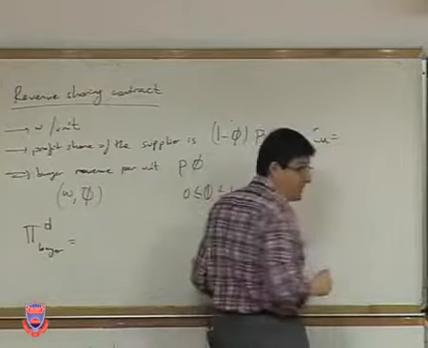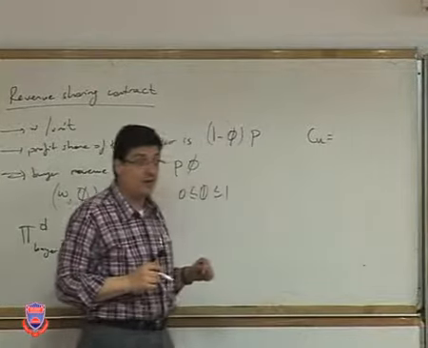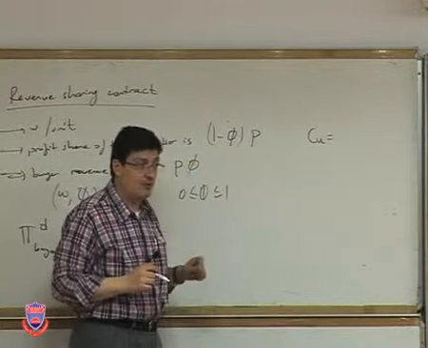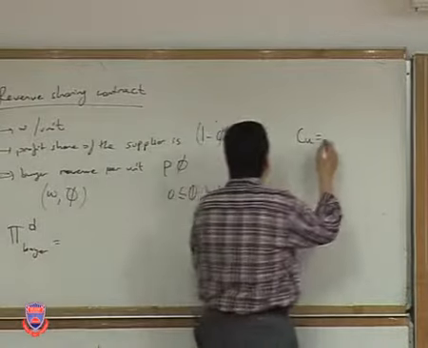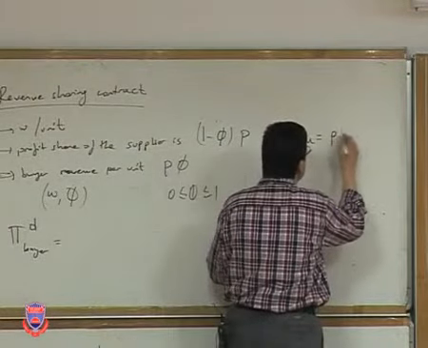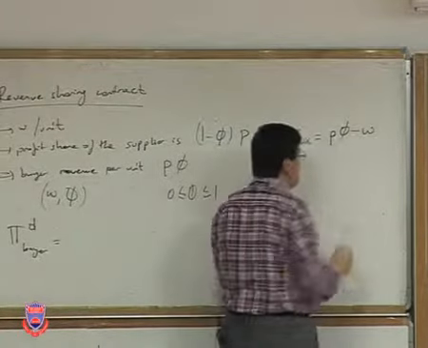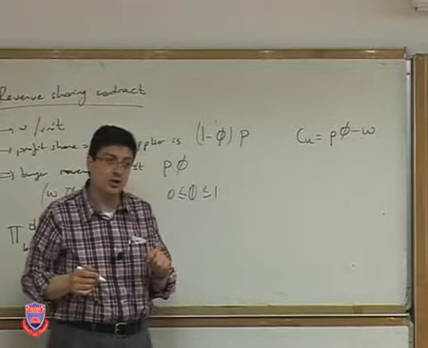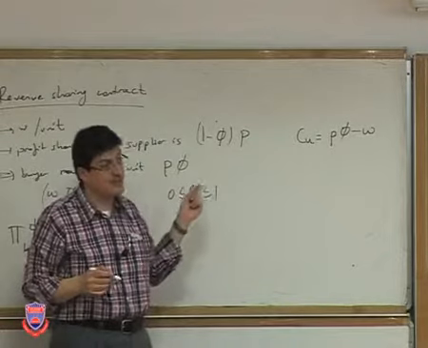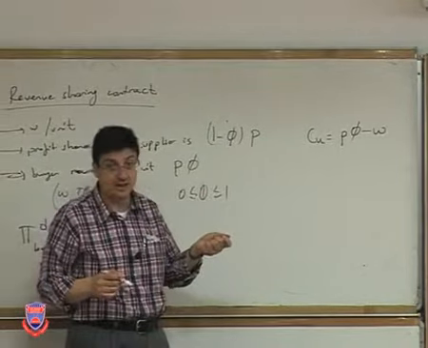Now cost of underage is going to be the surplus that you are going to obtain. So this is going to be P times phi minus W, which is what you lose if you cannot make an additional sale.